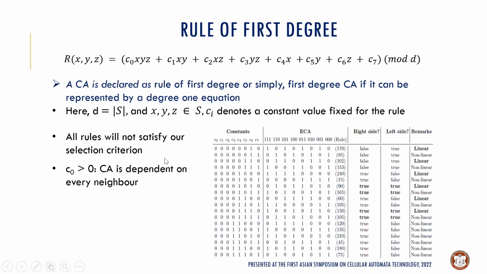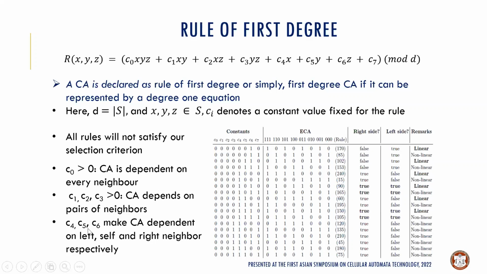So we can directly omit this. Now C1, C2, C3 make the CA dependent on the pair of neighbors, and C4, C5, C6 make the CA dependent on the left cell and right neighbors. So these are the ways we can design our constants to make the CA appropriate for our requirement.